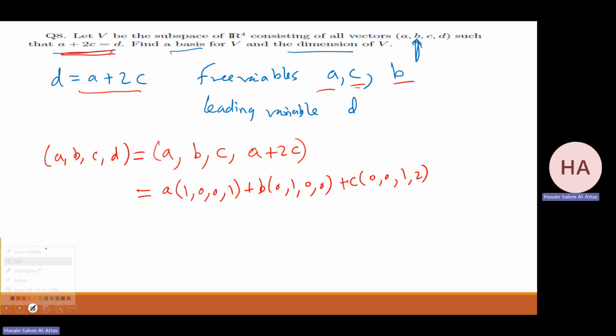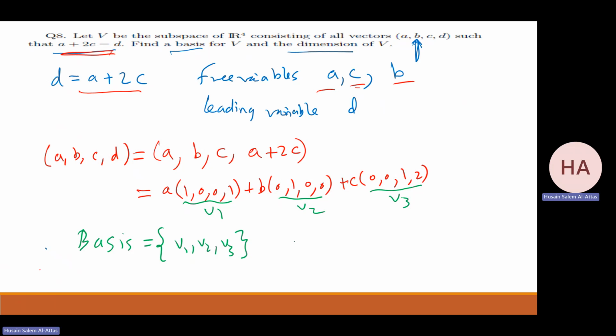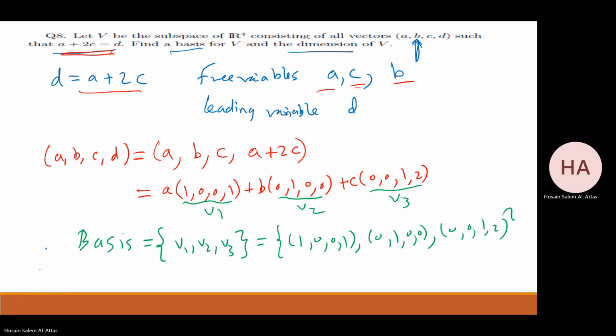So what are my vectors? This is V1, this is V2, this is V3. So the basis is V1, V2, V3, which are (1, 0, 0, 1), (0, 1, 0, 0), and (0, 0, 1, 2).